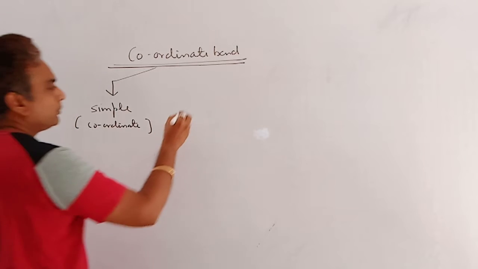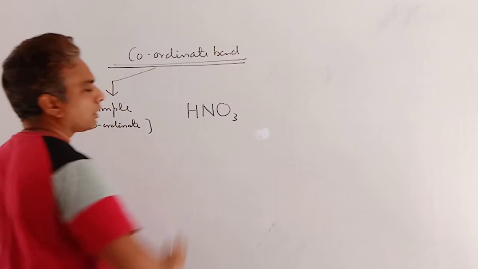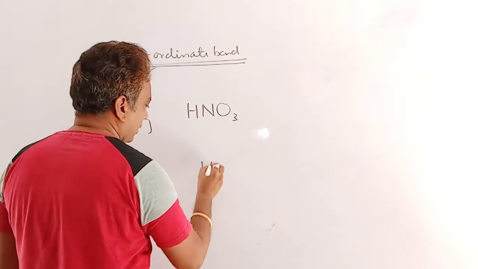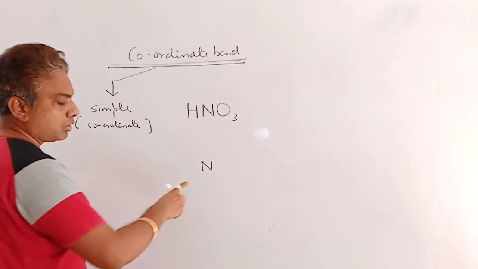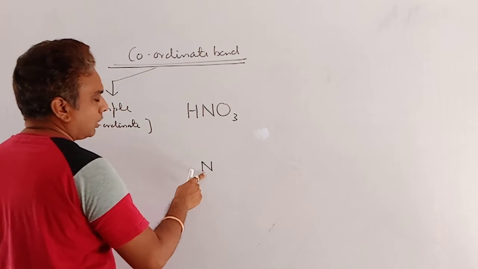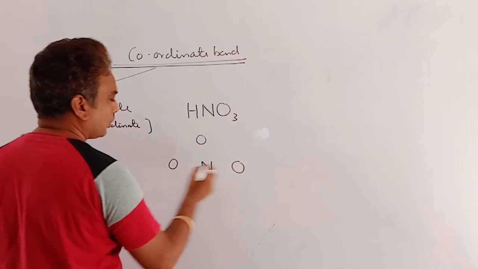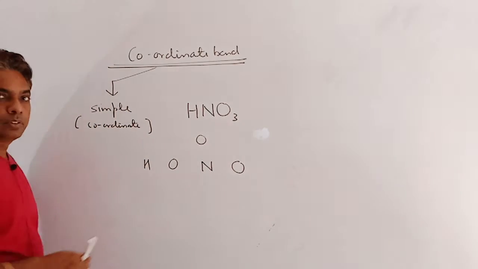For example, we have HNO3, nitric acid. Here nitrogen contains 5 electrons, arranged symmetrically according to its dot structure. Nitrogen is the polyvalent central atom, we have 3 oxygens, and then the outer monovalent atom.